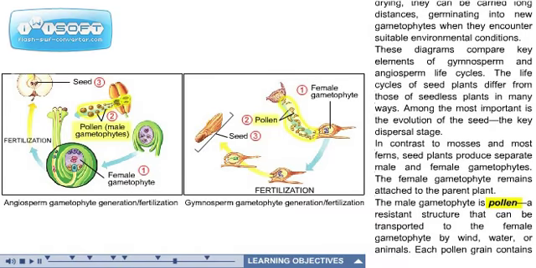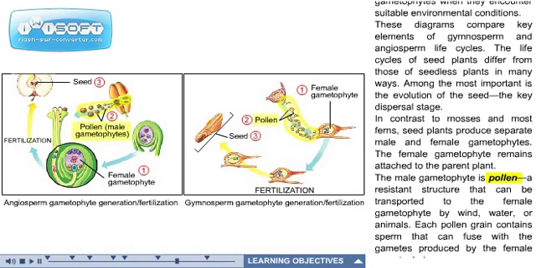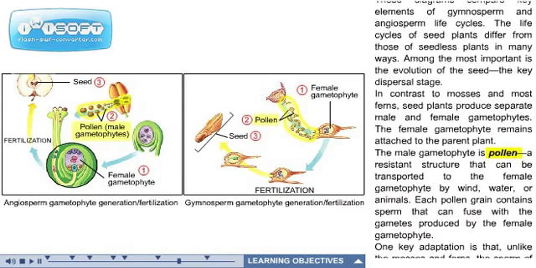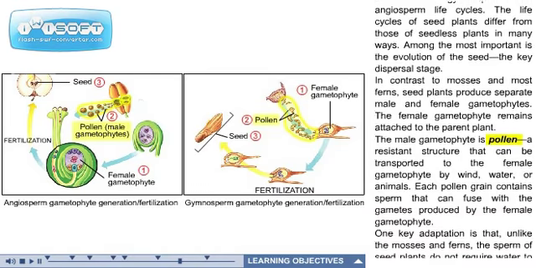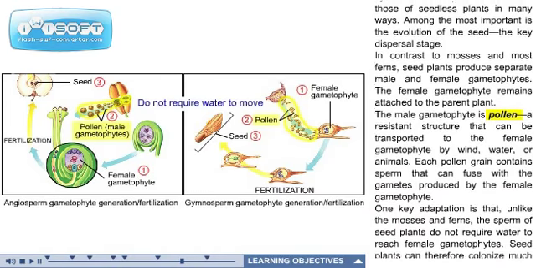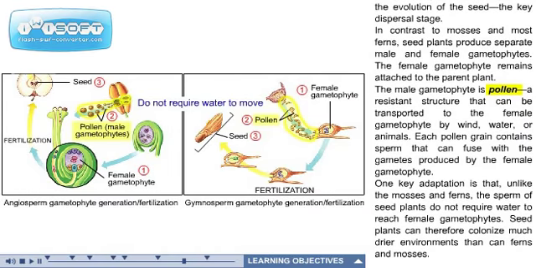Each pollen grain contains sperm that can fuse with the gametes produced by the female gametophyte. One key adaptation is that unlike the mosses and ferns, the sperm of seed plants do not require water to reach female gametophytes. Seed plants can therefore colonize much drier environments than can ferns and mosses.